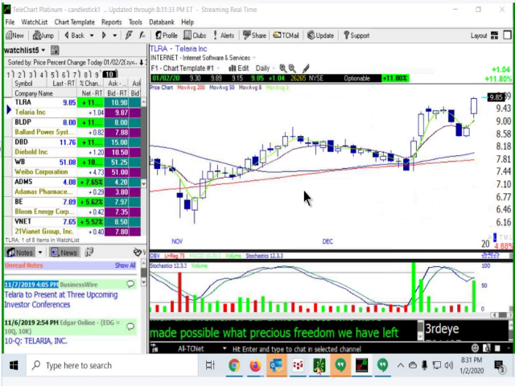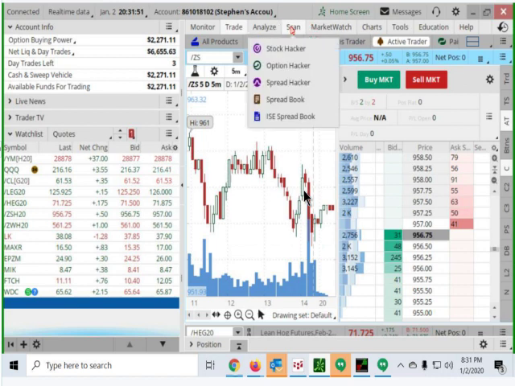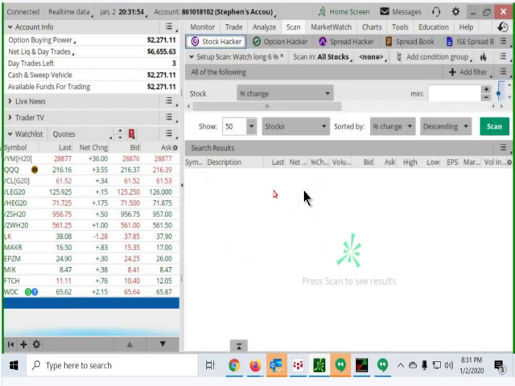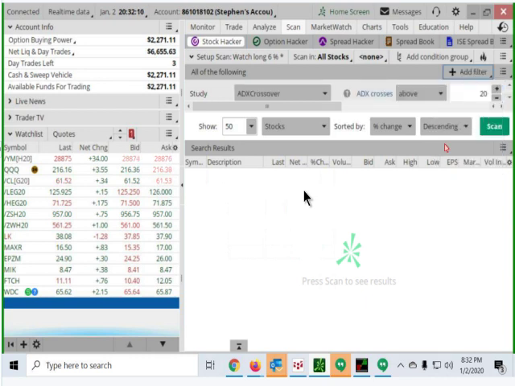Now I'm going to flip over here to, whoops. I thought I could do this cleverly and I didn't. So Thinkorswim, we've got the scans on here, and I don't know what I did. I hadn't gotten this set up yet.